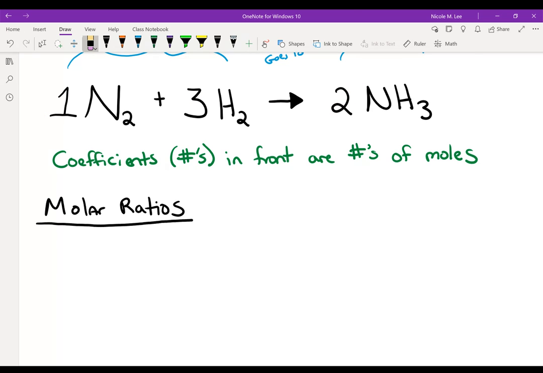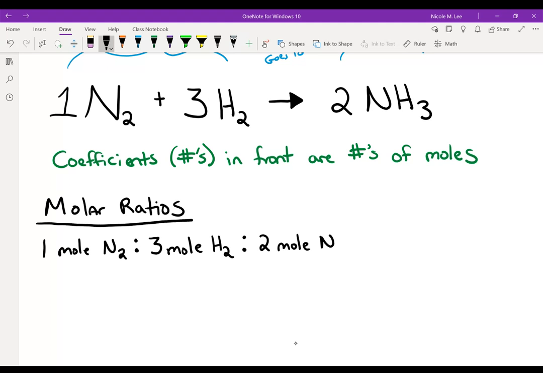Well, in that balanced chemical equation, you have 1 mole of nitrogen, 1 mole of N2. And for every mole of N2, you have 3 moles of H2 that will react. And for every 1 mole of N2 and 3 moles of H2 that reacts, you're going to produce 2 moles of NH3. These are our molar ratios.